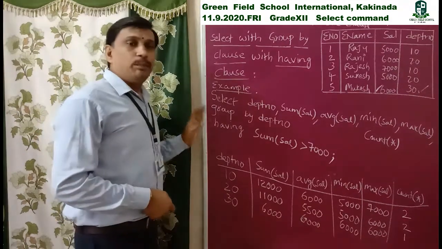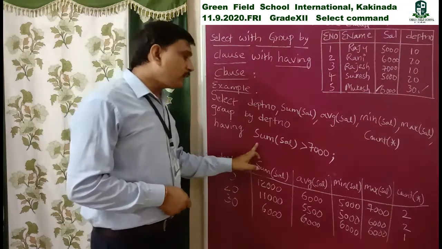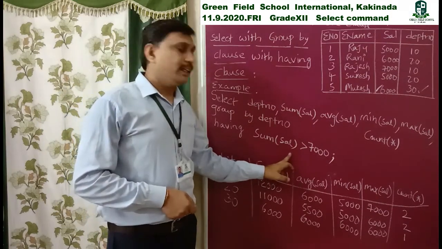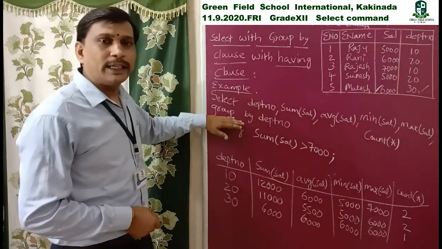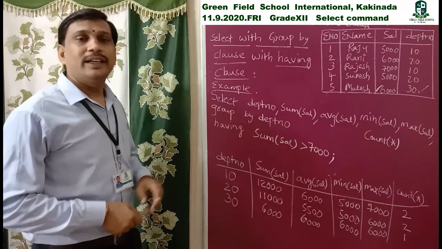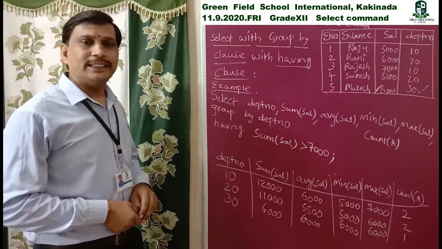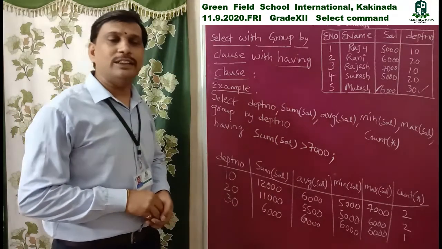So in this example, I write the HAVING clause with the condition sum of sal is greater than 7,000. After applying GROUP BY, I calculate the group by column, then we apply the condition: sum of sal greater than 7,000.